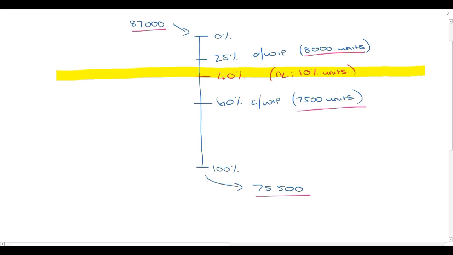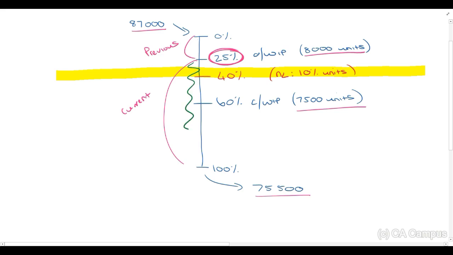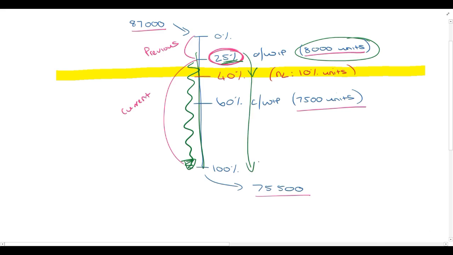Those 8,000 units are sitting at 25% complete, which means I did 25% of the work in the previous period. However, in the current period, I need to now complete those units. So I'm going to take those units from being 25% complete to 100% complete. Do they go through the loss points in the current period? Definitely, because they're sitting at 25%. They need to go through 40% in order to get to 100%.